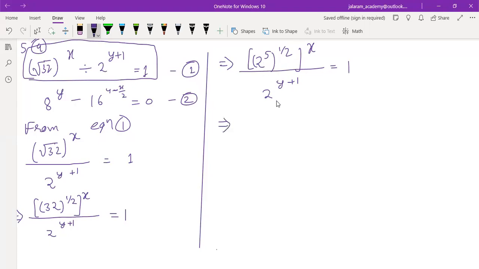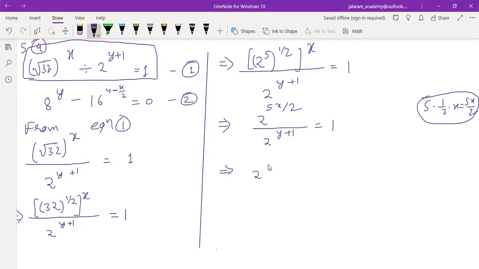It implies all powers will be multiplied, just as power to the power. So 2 to the power 5 into half into x. What will be the result? 5 into half into x. Will it not be 5x by 2? So it is 2 to the power 5x by 2 over 2 to the power y plus 1 equals to 1.